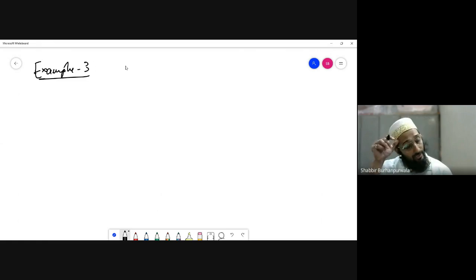Now, our third example, we are going to see a numerical related to the application of what we have learned right now. Okay, so you can write the question with me.